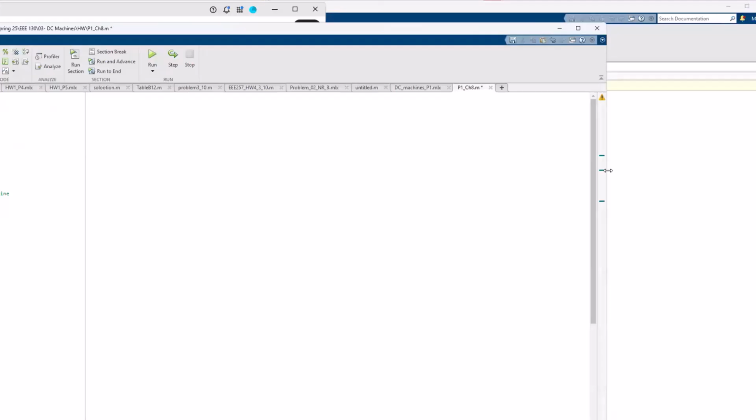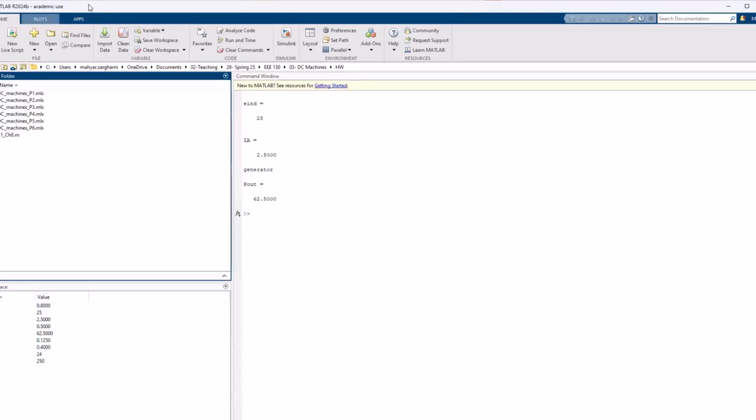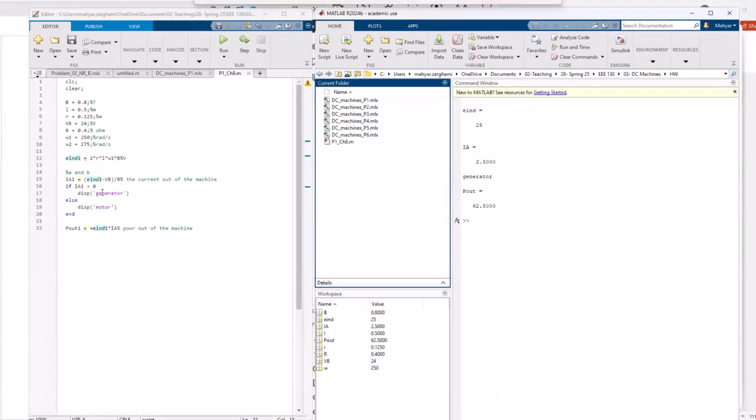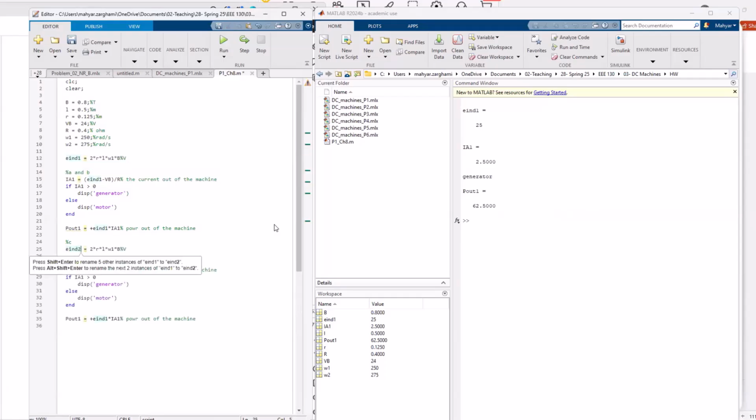So let me put these side by side. This is P out in condition 1, which is a generator. Now, in part C of the problem, we need to find E induced 2. In the second condition, that would be omega 2, IA 2, all 2s.